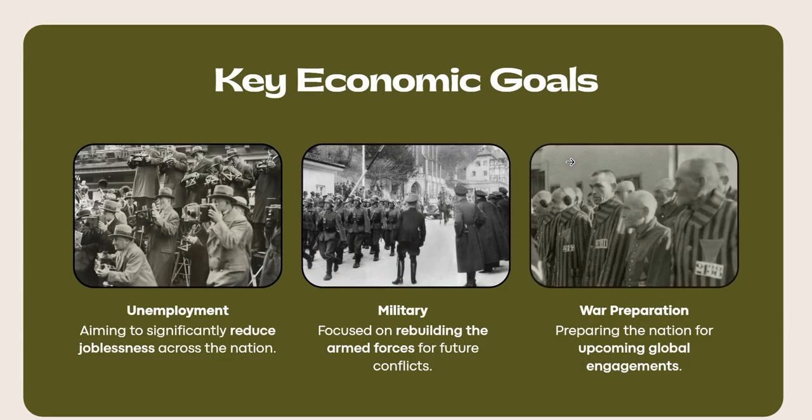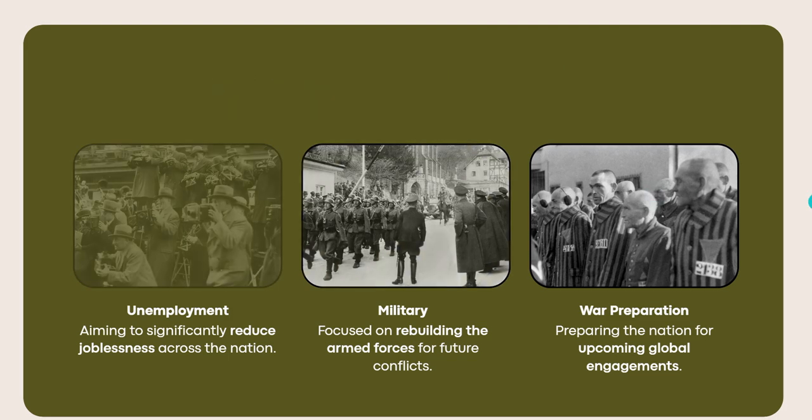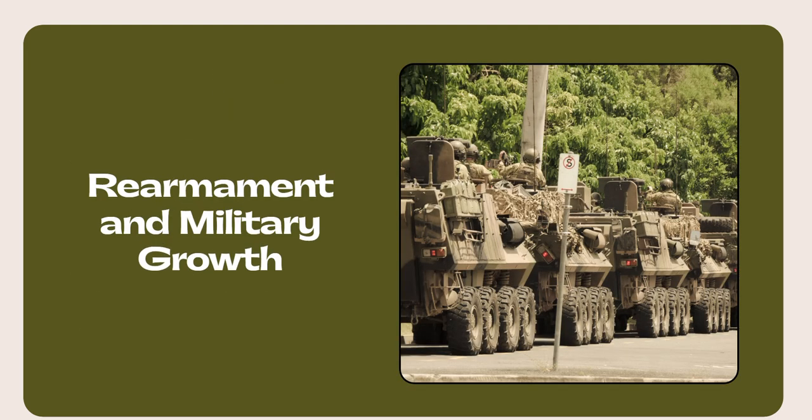Now here, Hitler tried to solve unemployment, and he expanded the military force and neglected the Treaty of Versailles, preparing the nation for the upcoming war. Now, military growth: how did he expand that?